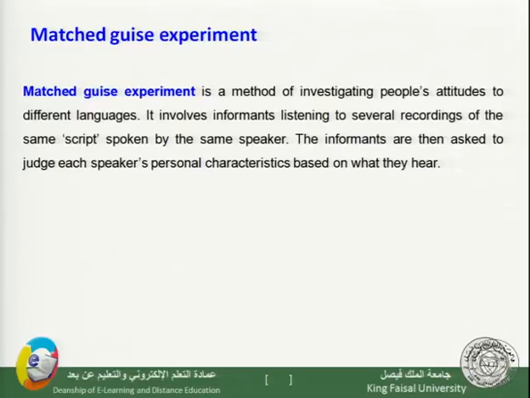Is he a New Yorker? Is he a Birmingham speaker? Is he from the southern part of the United States? Then, based on the judgment, we will understand that there is an association between a particular accent and certain characteristics that we associate with people.